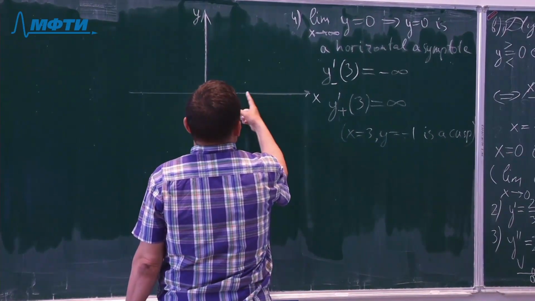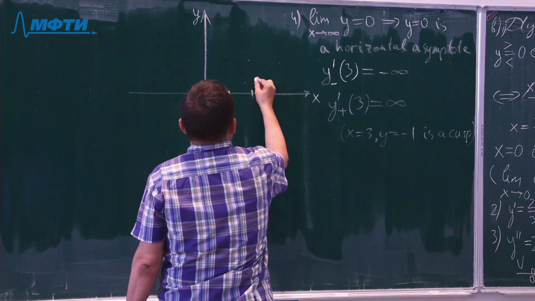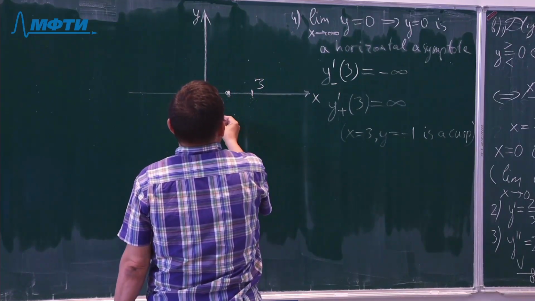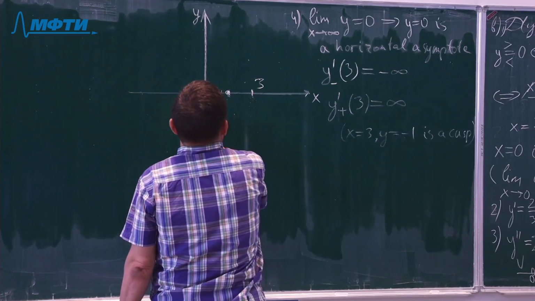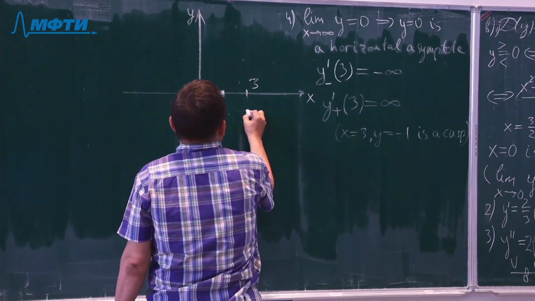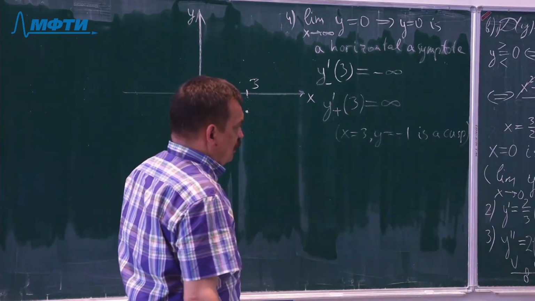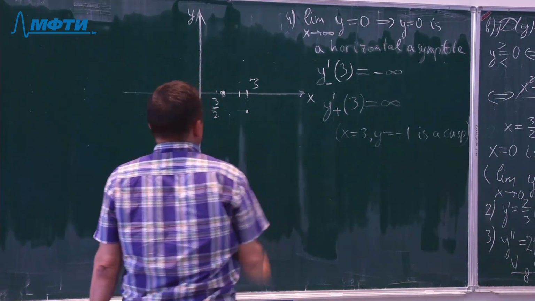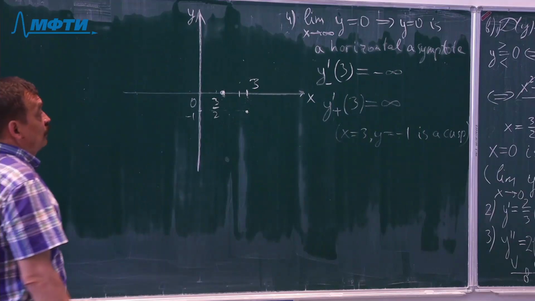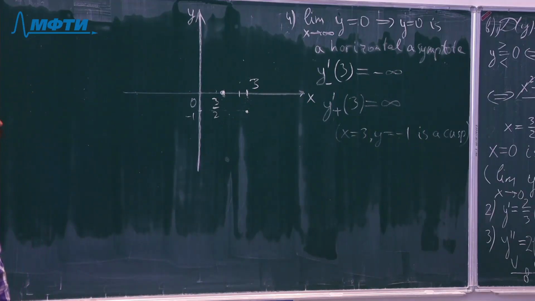Okay, 3 over 2, that is 3. And this minimum is equal to minus 1. Minus 1, here it is. And 5 over 2, somewhere here, is the inflection point. I don't want to indicate it more precisely, but let's understand what the graph is.